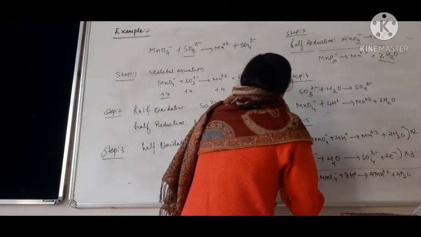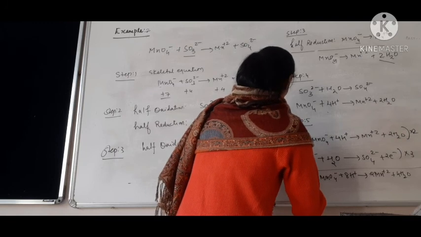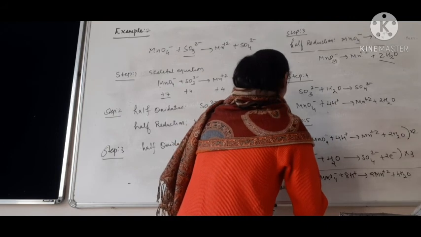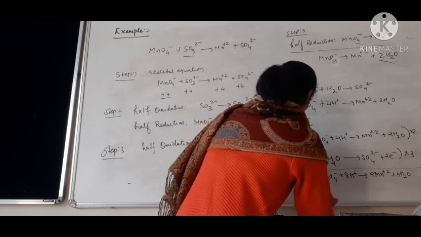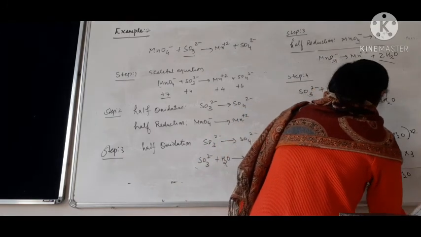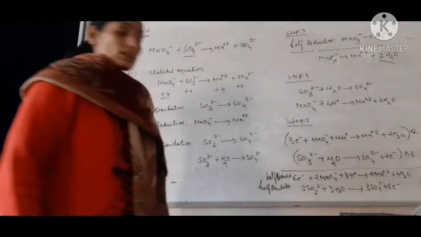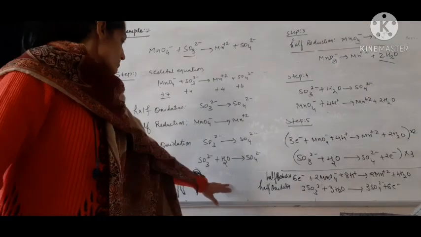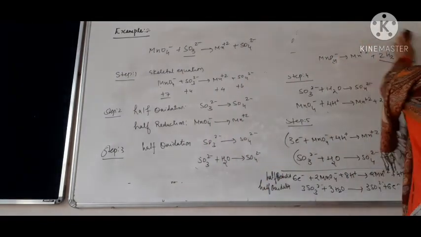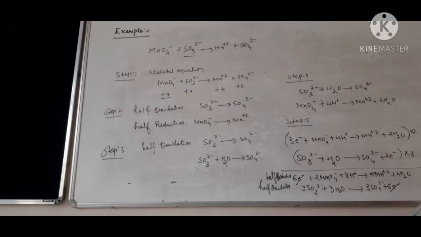For the half oxidation we have 3 SO3 2 minus plus 3H2O, which gives 3 SO4 2 minus plus 6 electrons. So the electrons are going to be cancelled out. In the next step, the overall reaction, the 6 electrons are cancelled out.